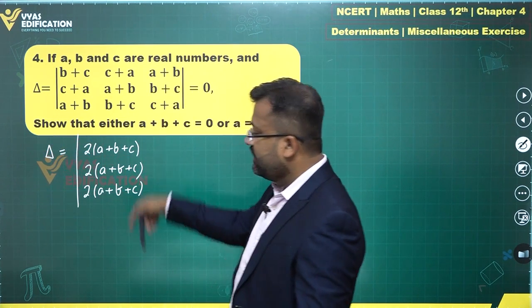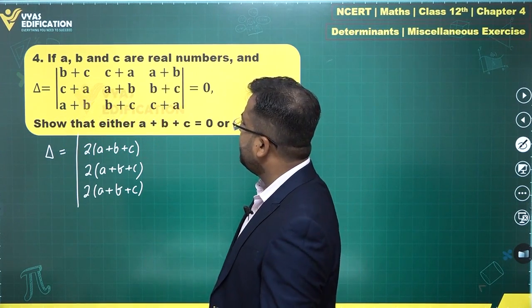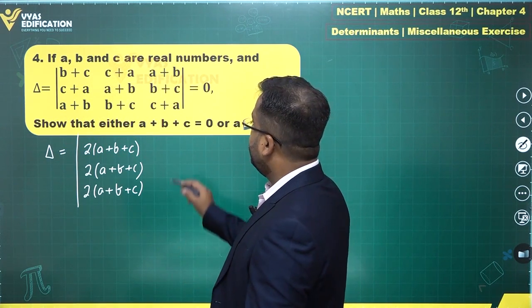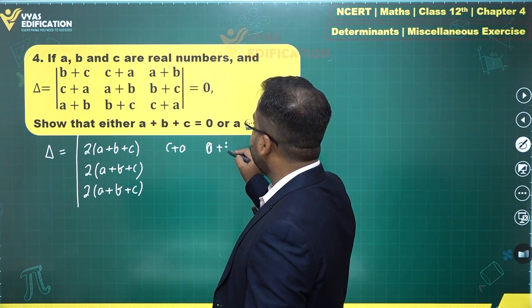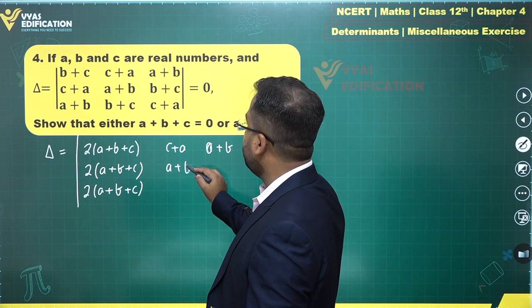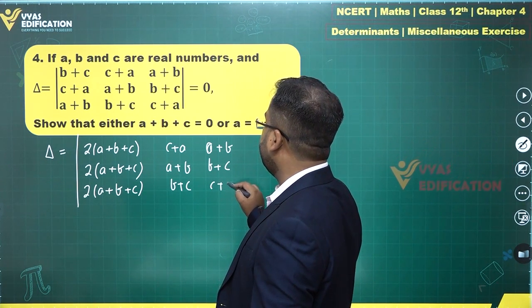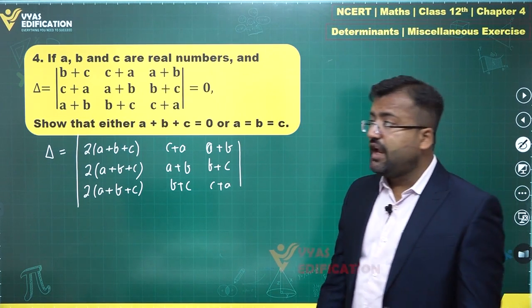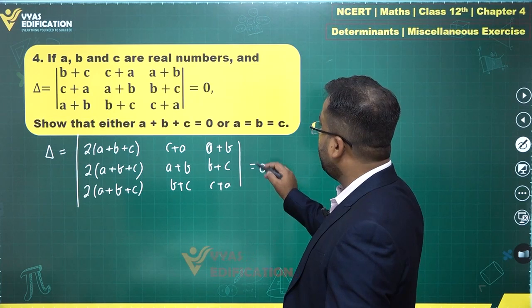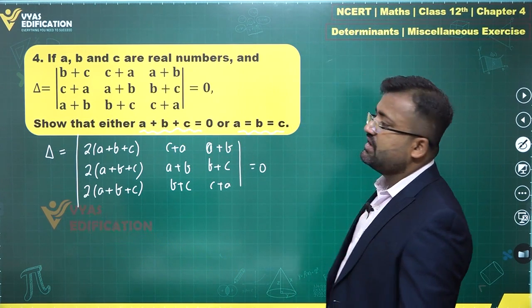The 3 rows, the first column, basically this will be the first column. The next columns let them remain as they are. What you'll get is C plus A, A plus B, this is B plus C, this is B plus C, this is C plus A. Now the benefit of this: we are trying to evaluate this value, which is given to be 0, and on the basis of this we are supposed to show either this equal to 0 or this equals this.